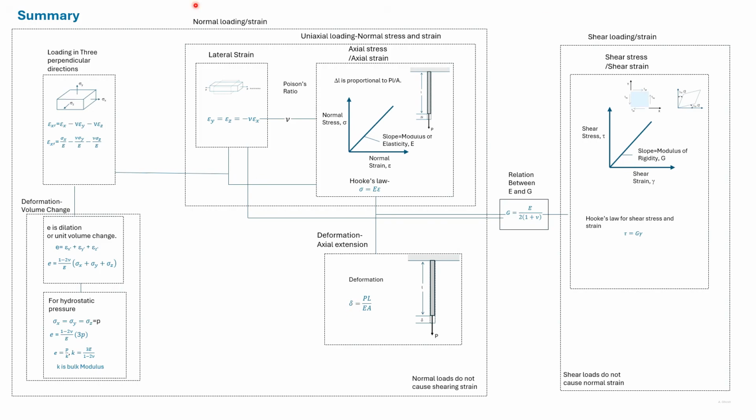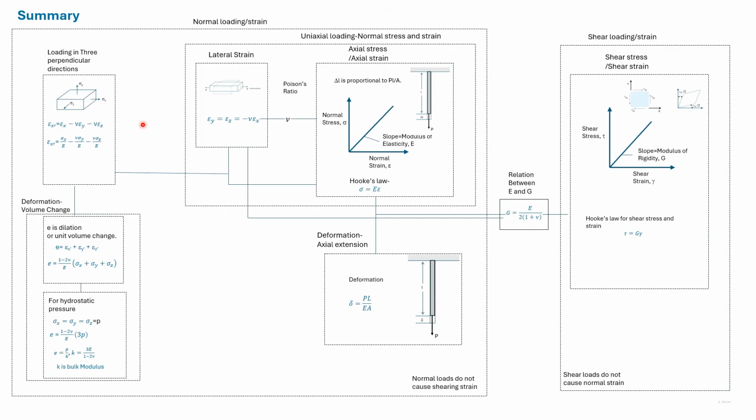We also consider loading in 3 perpendicular directions. The understanding of axial strain and lateral strain is used here. Consider epsilon x dash as the strain in the x direction for this case.